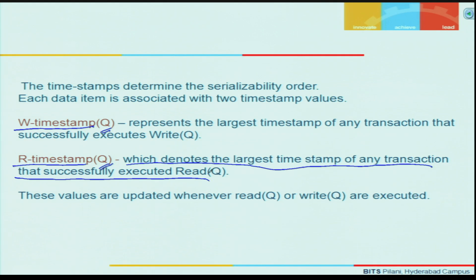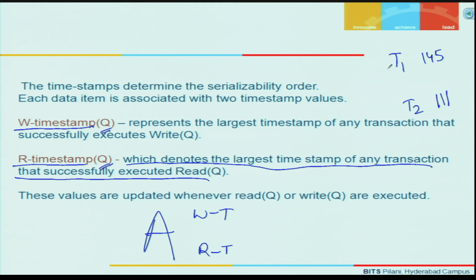For every data item, we will have W timestamp and then R timestamp. These values are updated whenever read and write operations happen. Let us assume that there is a T1 whose timestamp is 145. There is T2 whose timestamp is 111. Suppose there is a data item A which will have two timestamps, W timestamp and then R timestamp.